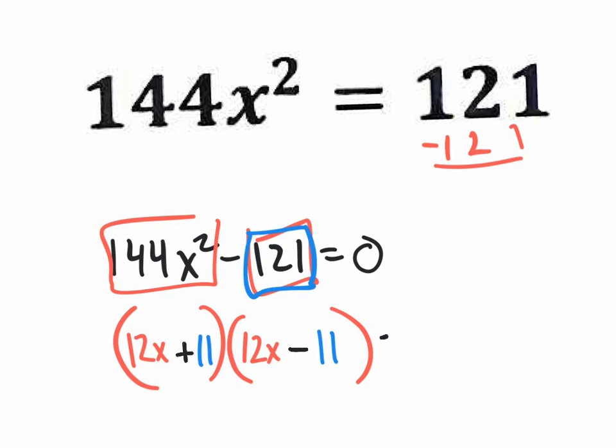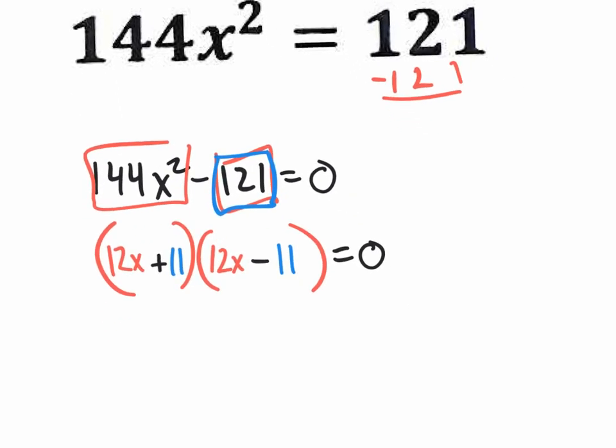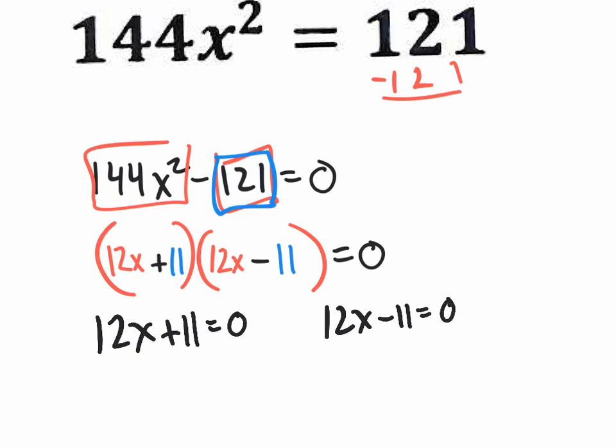Now it's still equal to 0, so you could split them and solve, right? So we're going to have 12x plus 11 equals 0, and 12x minus 11 equals 0. So when I subtract 11 and subtract 11, I'll get 12x equals negative 11.